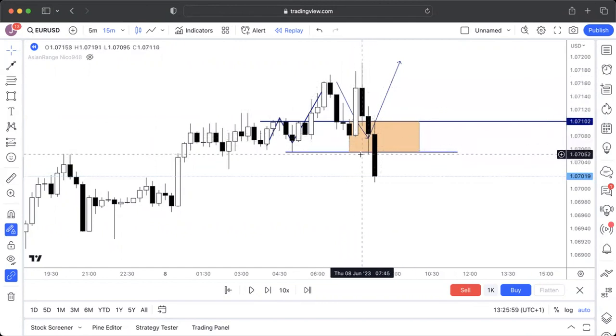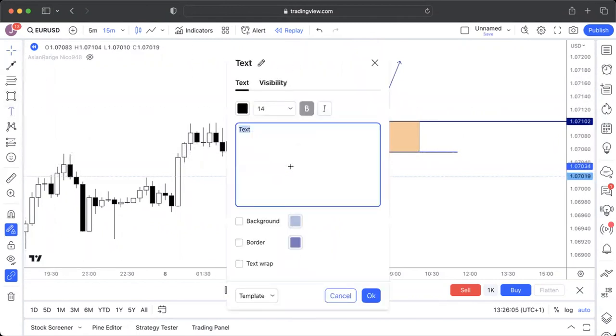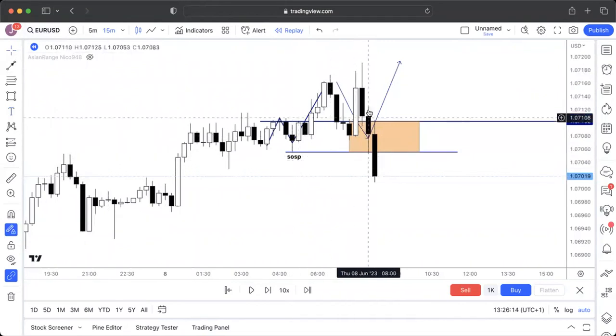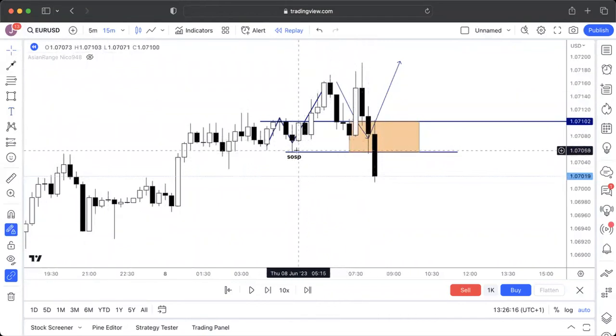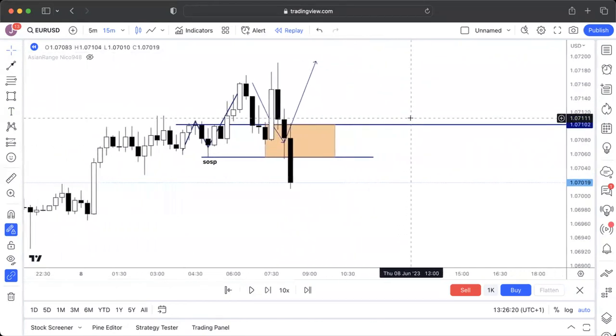And now it is invalid, because you see price has pushed down and closed below the start of the structural push. So now this would be invalid for buys, because we are clearly breaking the start of structural push, or have broken it. So that's how it works in practice.